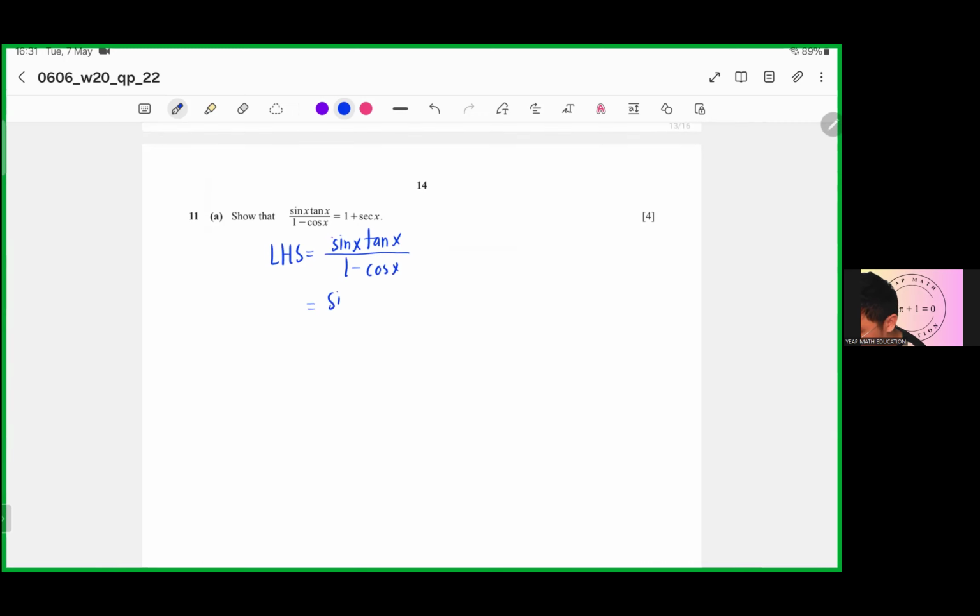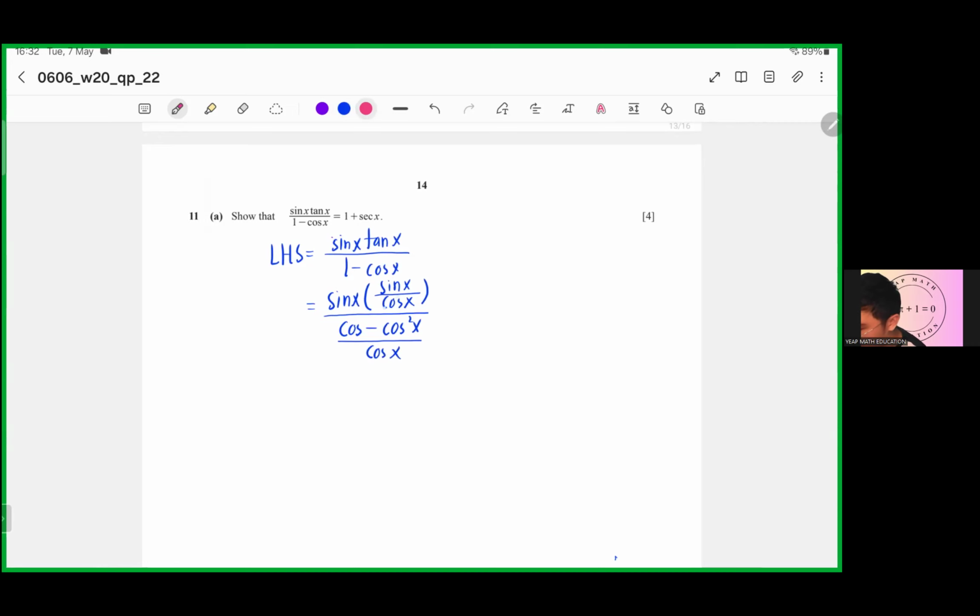I can write sine here also as sine over cos, sine squared over cos, over 1 minus cos.